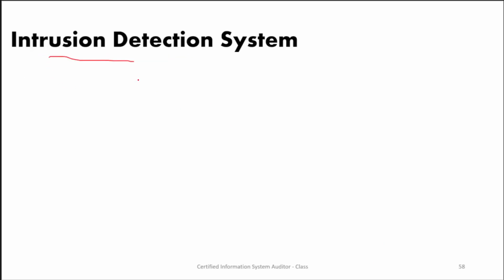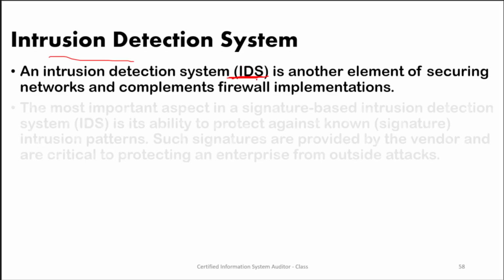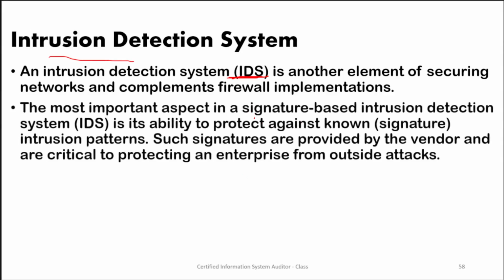Intrusion detection system is another kind of security control that is able to detect attacks, including application level attacks. An intrusion detection system relies on a signature, and if this signature is matched, it will raise an alarm that there is an attack happening to one of the applications.